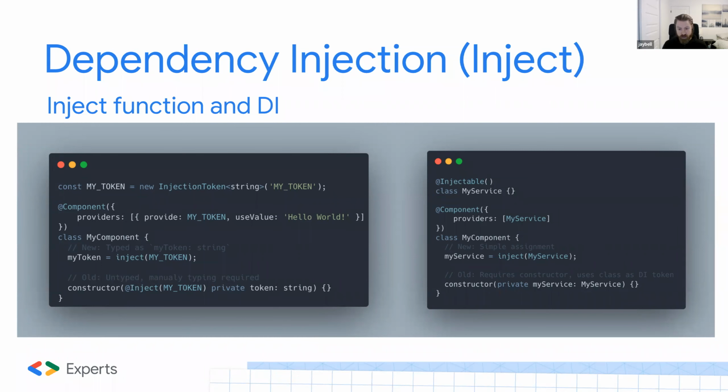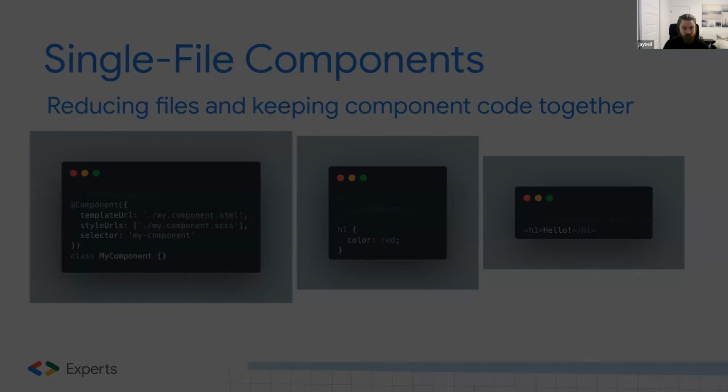The inject function just handles it for us, or we have the constructor. So not only is the constructor more code, it can be less type safe, for the injection token for sure. It's not that bad for injectables, but it's still more code, and the inject function is just quite a bit cleaner. So that's the inject function in dependency injection.